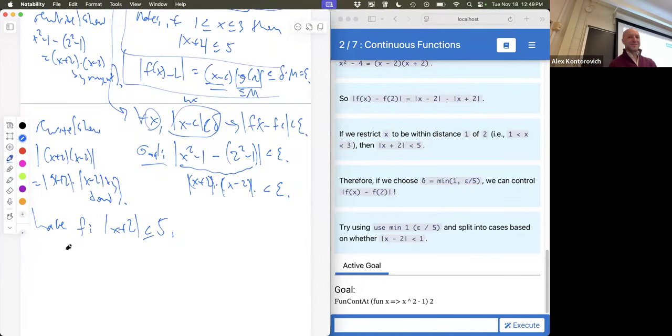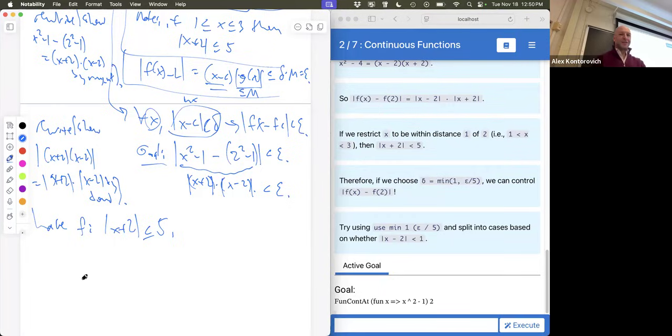Sean? Yes. I'm sorry, you would say the absolute value of x plus 2 is equal to the absolute value of x minus 2 plus 4, which would be less than. Oh, okay. I like that. You can do it that way. I was just going to do something much dumber, which is to break this up using abs LE or something. But I like your way better.